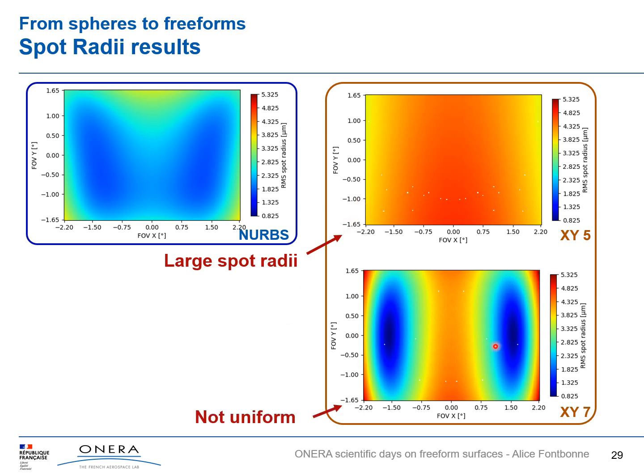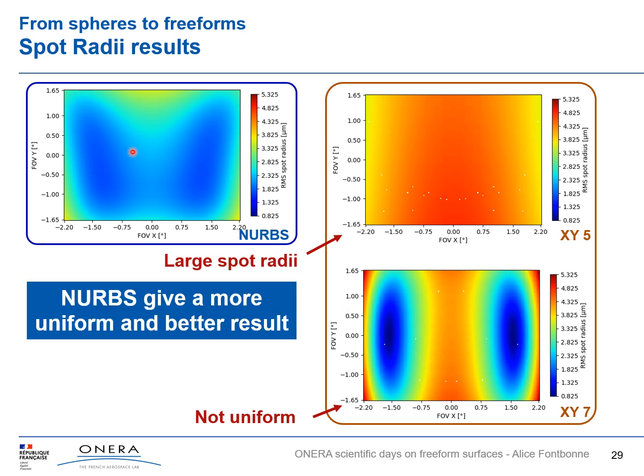And here, for the XY polynomial of order 7, the map is not uniform anymore, but at the same time, you have very good results there and there. Here, NURBS give a more uniform and a better average result. And the question is, is it manufacturable?